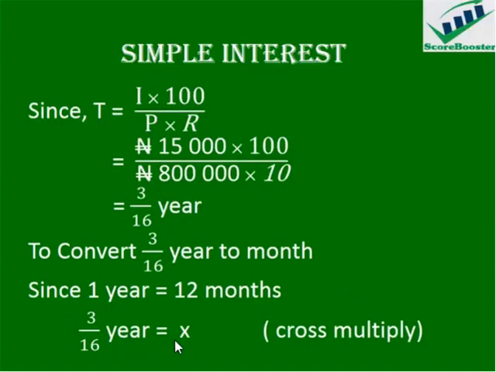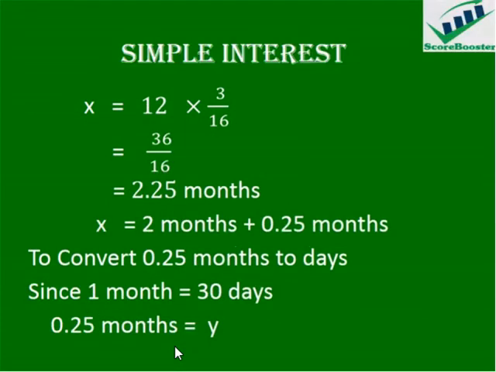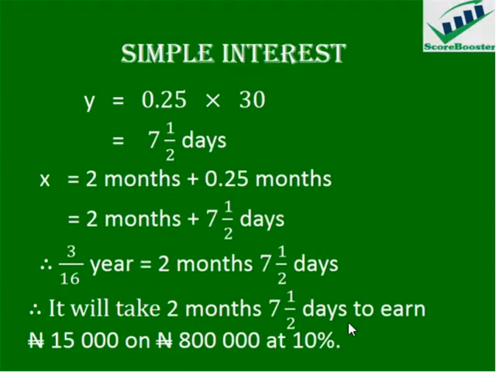X is 3/16 year, so we already know the months and days 3/16 year is. So it will take 2 months, 7.5 days to earn 15,000 naira on 800,000 at 10% per annum. So that solves the question.